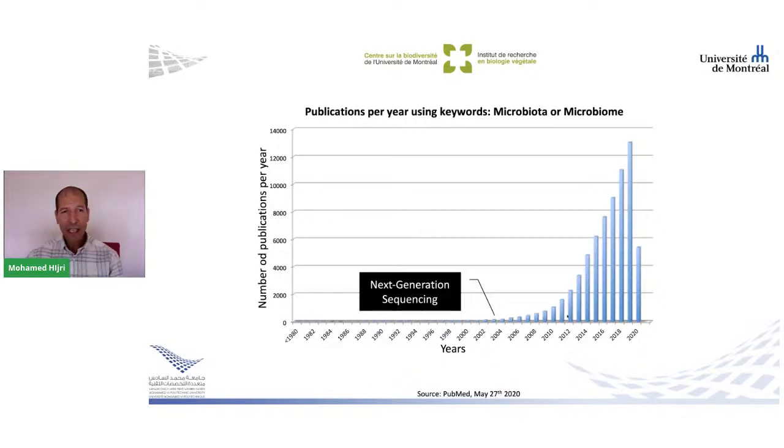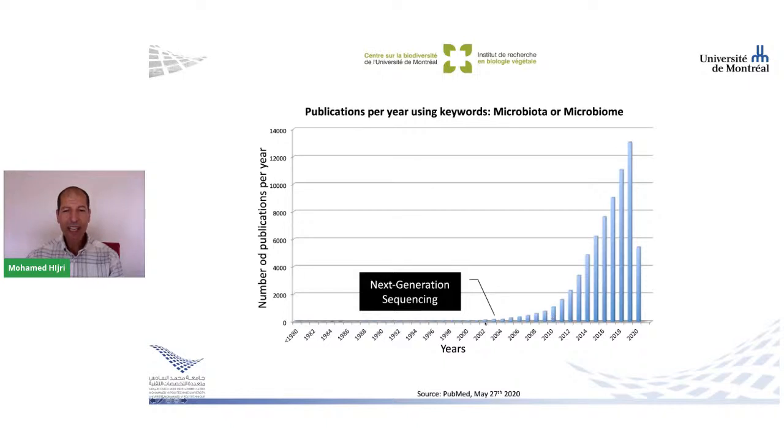So yesterday I did just a basic search in PubMed using these two keywords, microbiota or microbiome, or both. As you can see, this graph shows the number of publications per year.